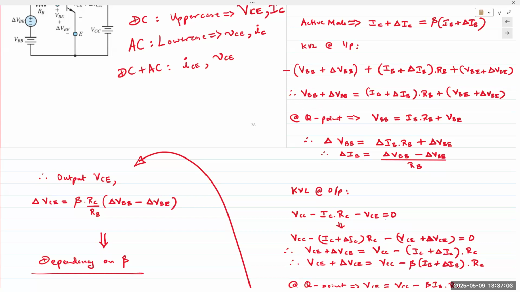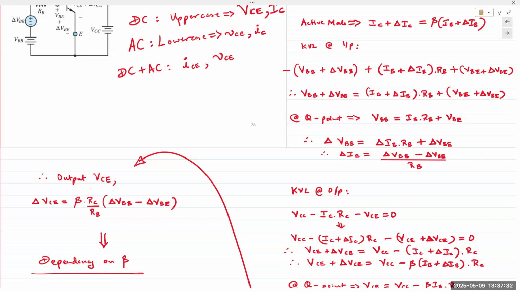So the Q point is a result of the applied DC voltages, right? Meaning there is no AC signal being applied. So if no AC signal is being applied, the only thing at the input and the only thing at the output would be DC voltages and DC currents. So at the Q point, all the deltas are equal to 0. So you would obtain VBB is IBRB plus VBE.